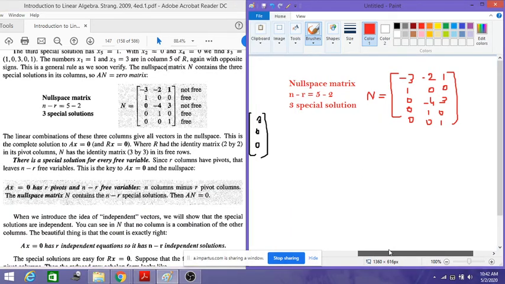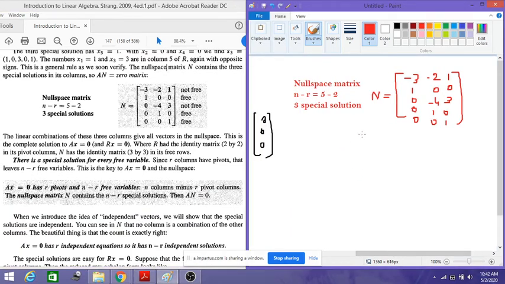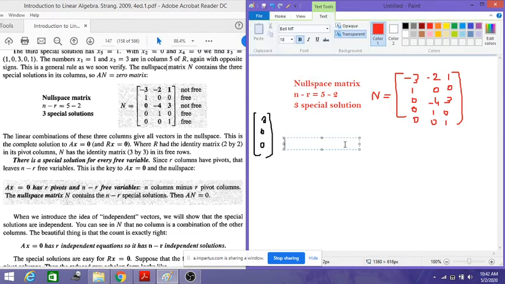So let us highlight a few points here. Ax equal to 0 has r pivots and n minus r free variables.